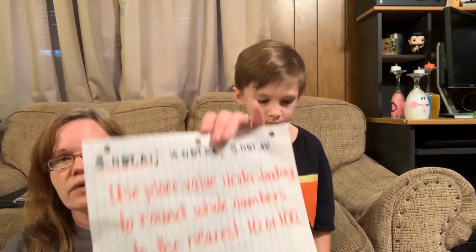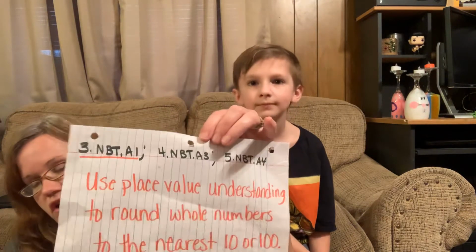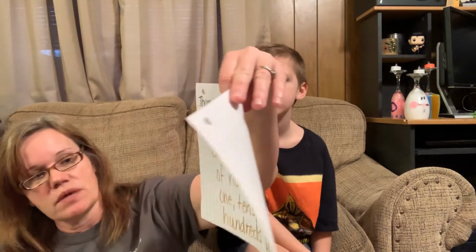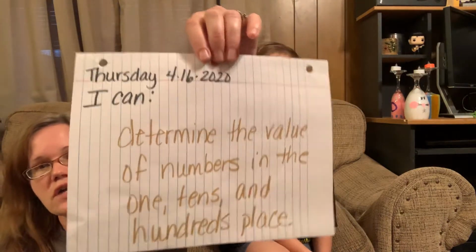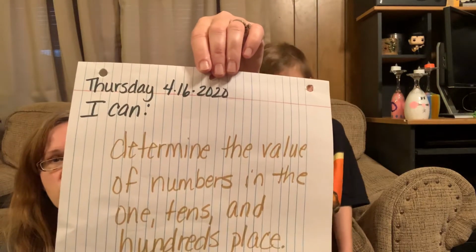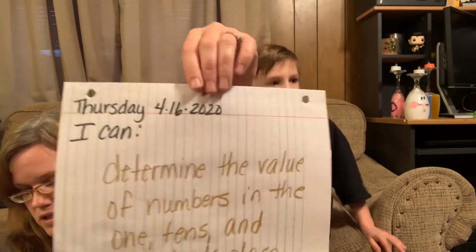You are absolutely right. All right, so today we're still working on our place value understanding, and we're about to get to where we're starting to round, but we're not there yet. For today, we're going to determine the value of numbers in the ones, tens, and hundreds place, but today we're going to mainly focus on just the ones and tens place.